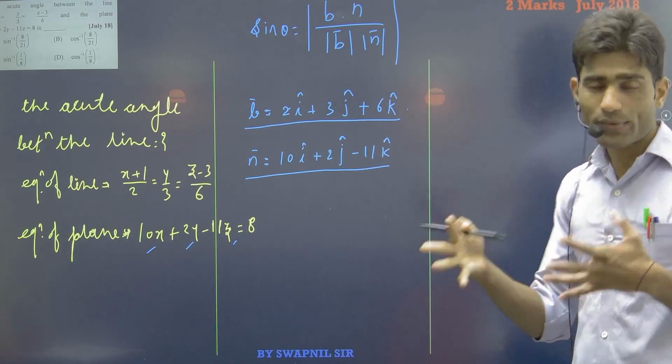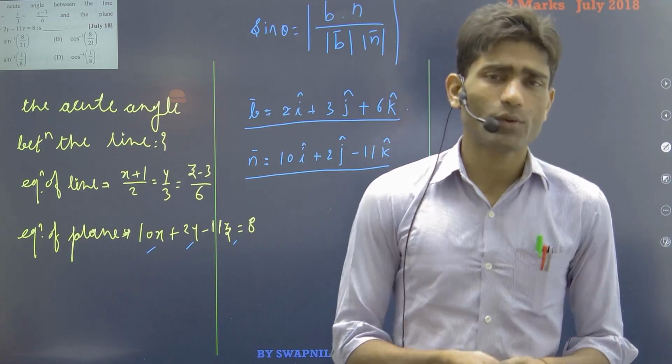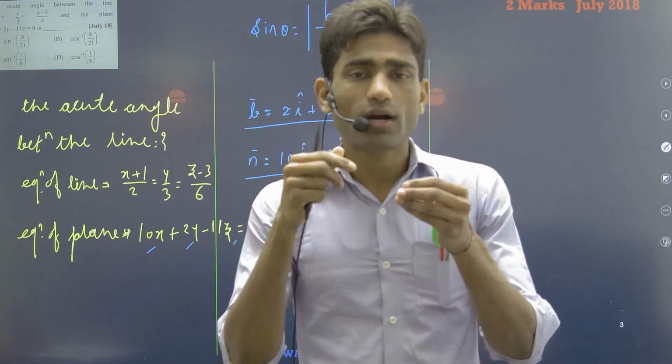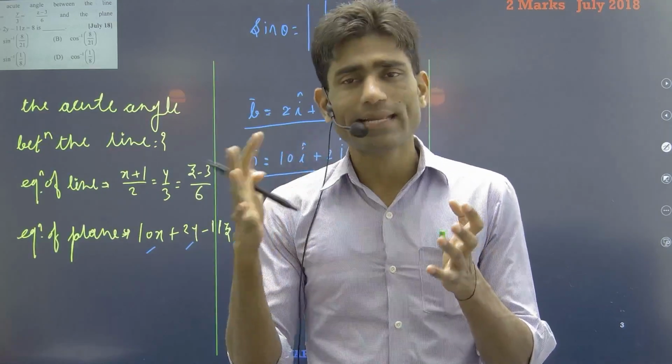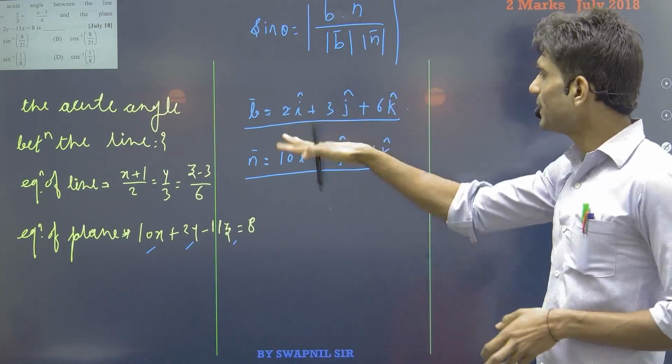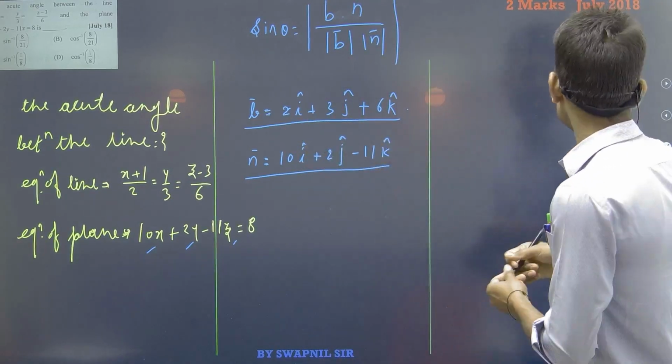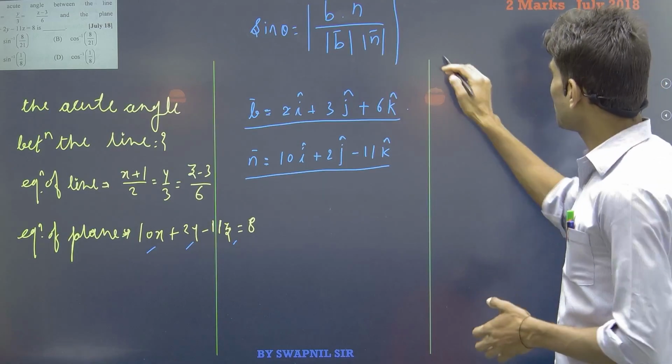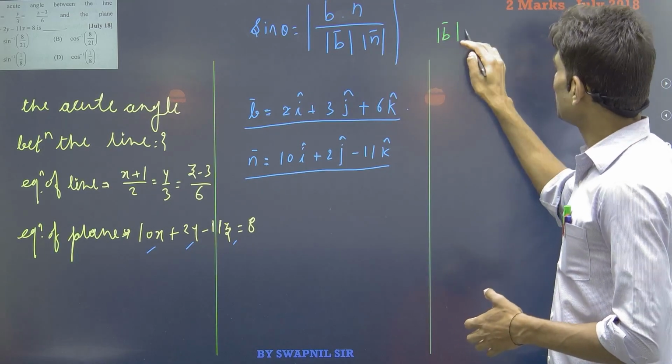Now one more thing, how can we find the modulus of any vector? We take under square root the sum of the squares of the coefficients of i, j, k. For example, let me explain the modulus of b bar. So I want the modulus of b bar.